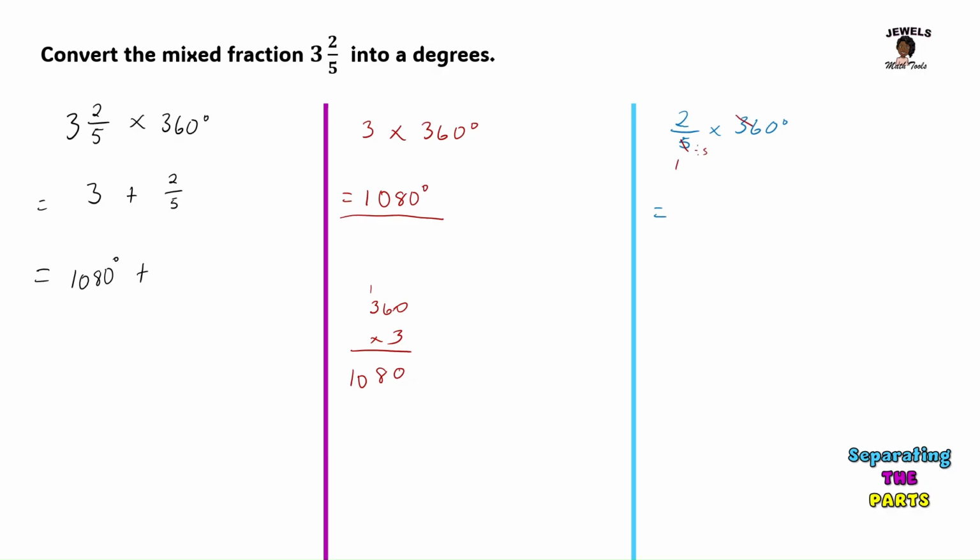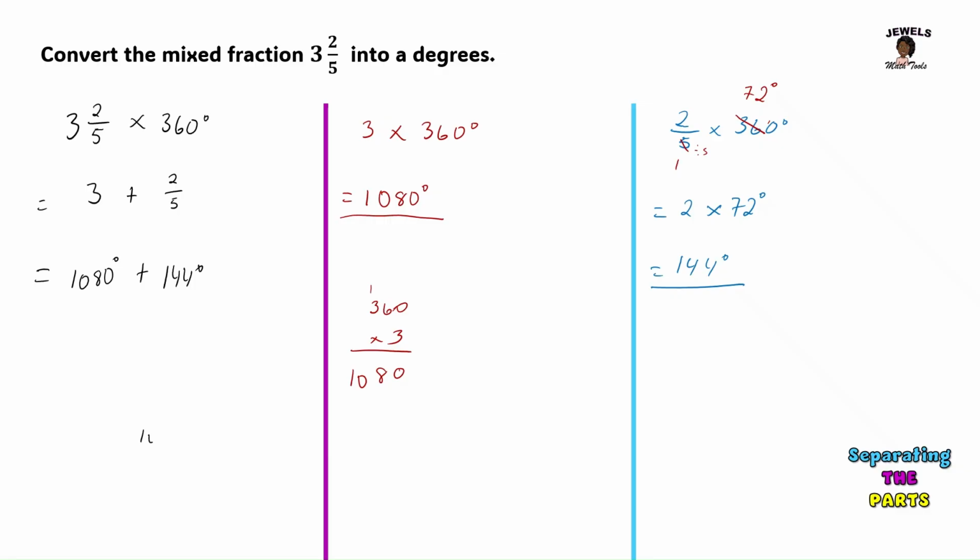And then when I divide 5 into 360 degrees, I know that 5 goes into 36 seven times, and then 5 will go into my 10, which will give me 72 degrees. So now I will be taking my 72 degrees and multiplying it by 2, and this will equal 144 degrees.